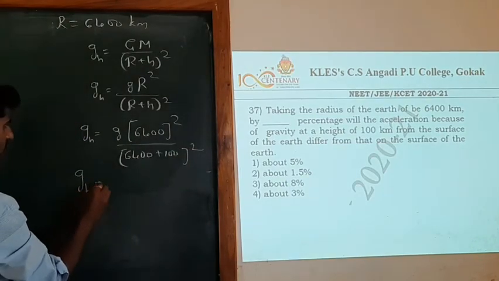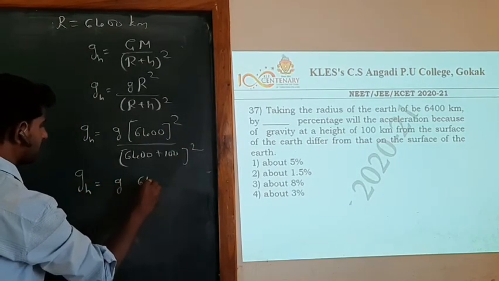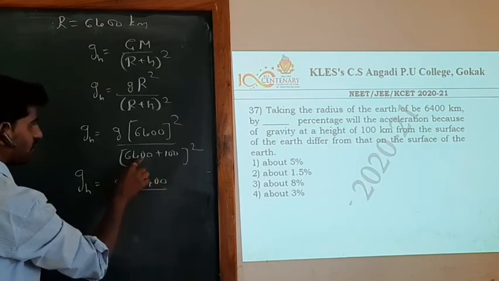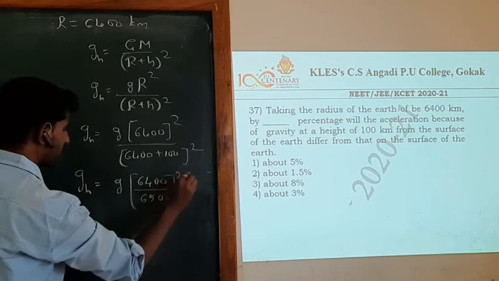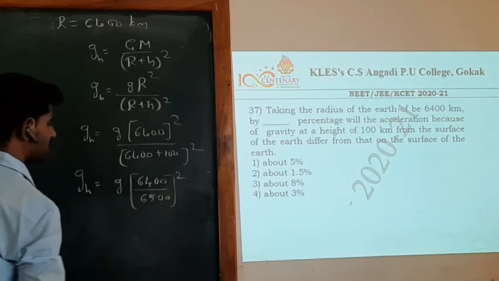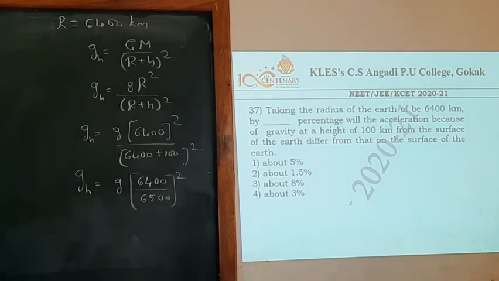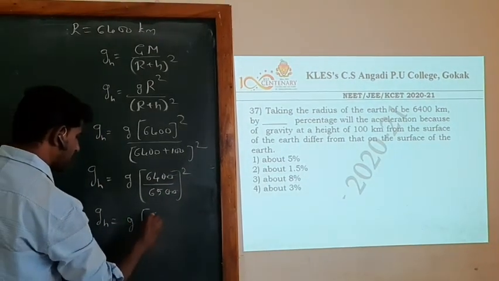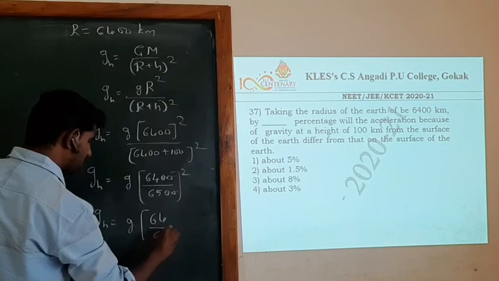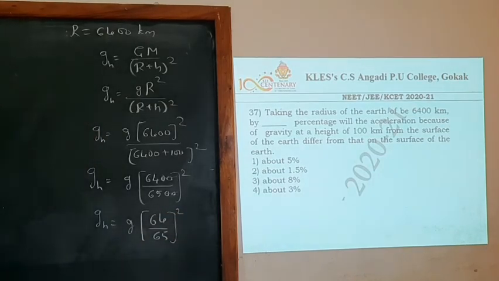So gh is equal to g into bracket 6400 divided by 6400 plus 100, this 6500, and whole square. Numerator and denominator are both squared. So we can write gh is equal to g into (64 divided by 65) whole square.